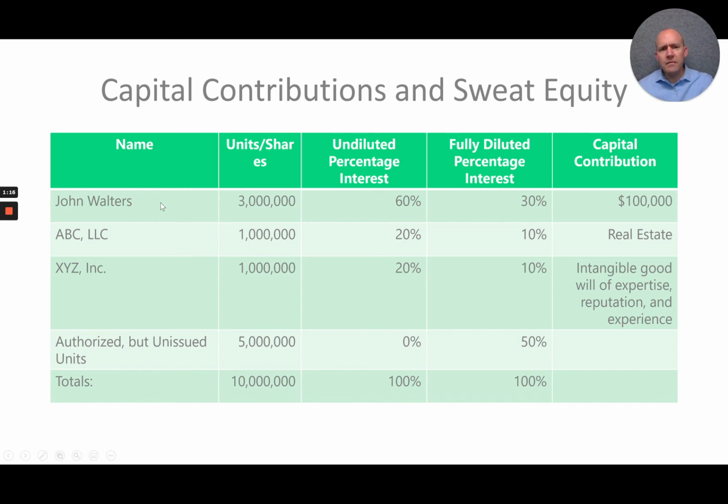So let's say you're setting up your LLC and you've got three different owners that are each contributing a different thing. Let's say it's a business where you have an apartment complex, maybe a fourplex or whatever, and you need to do some rehab to it.